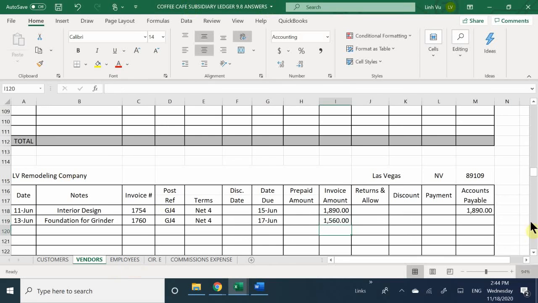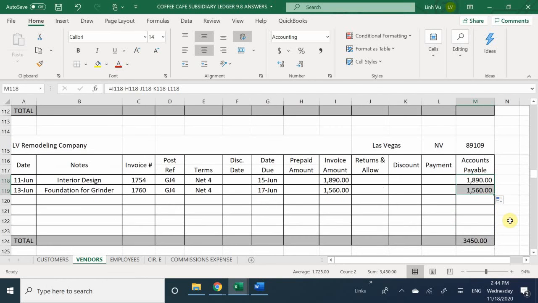And of course, we didn't make any payment to it. So if I have my formula correct, if I pull this down, I now owe an additional $15.60, bringing my grand total of amount I owe for LV Remodeling to be $3,450. Okay?